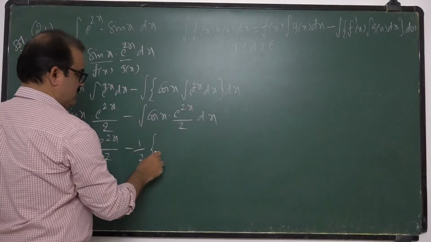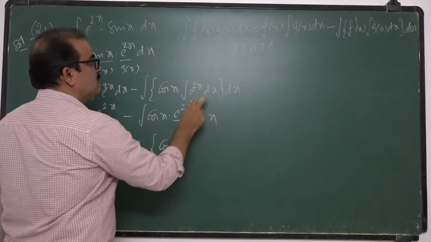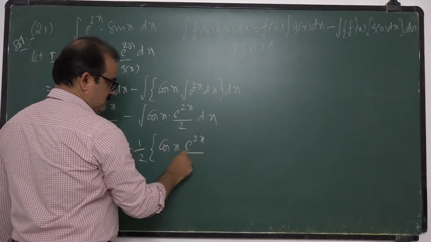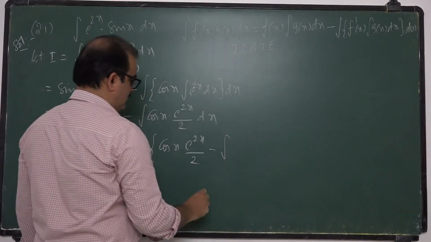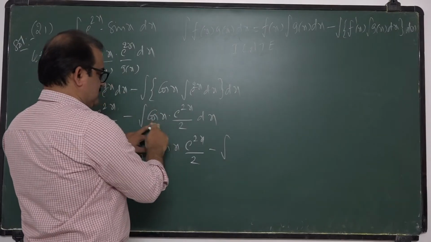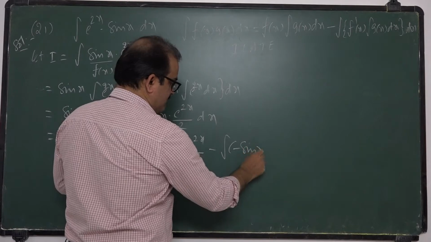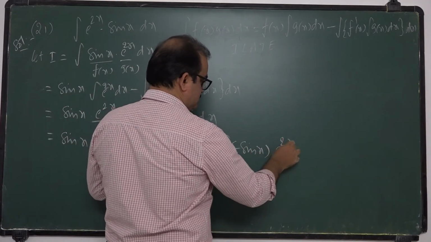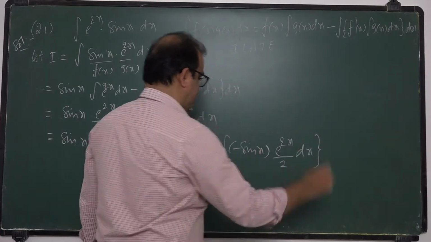Apply that formula. From that formula, cos x into integral of g of x, integral e power 2x, that is e power 2x by 2, minus integral of f dash, the derivative of cos x, minus sin x, into integral of g of x, e power 2x by 2, dx.